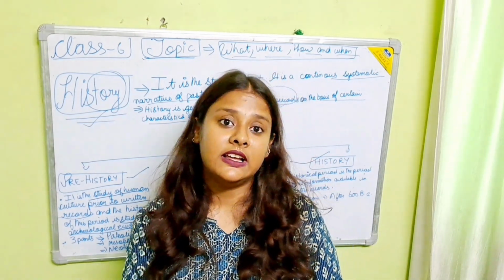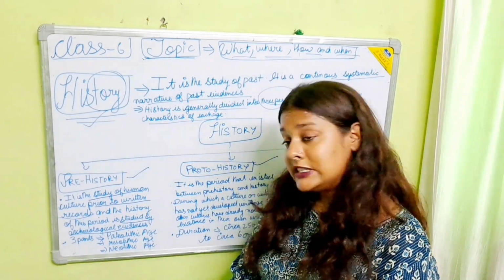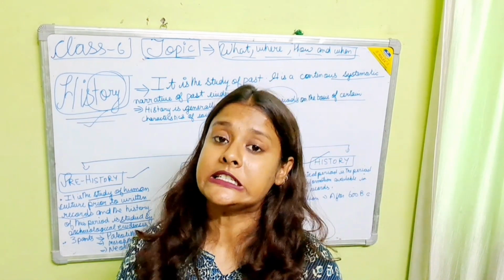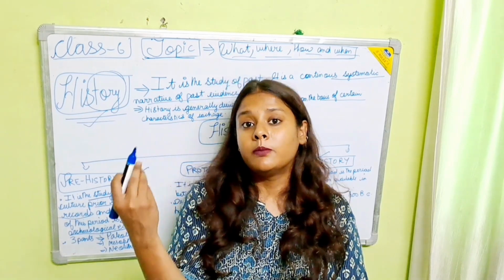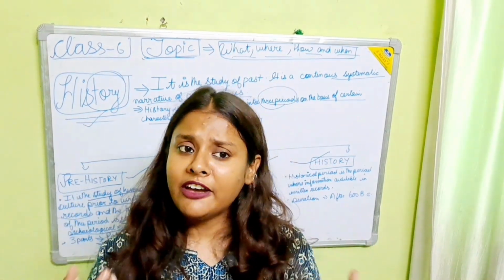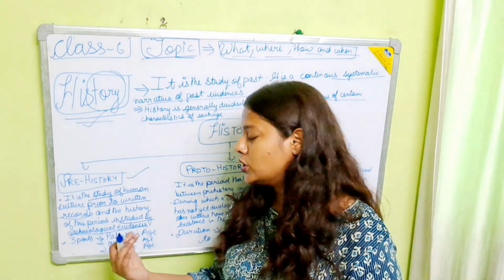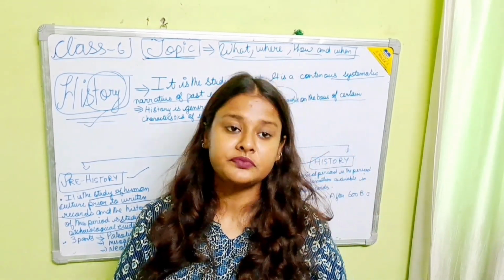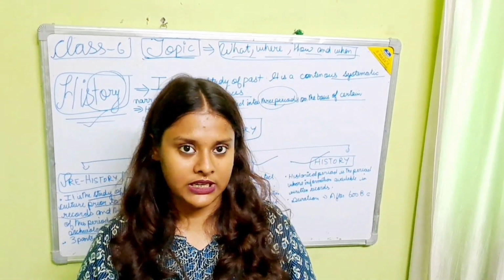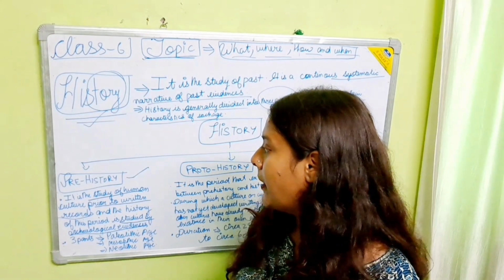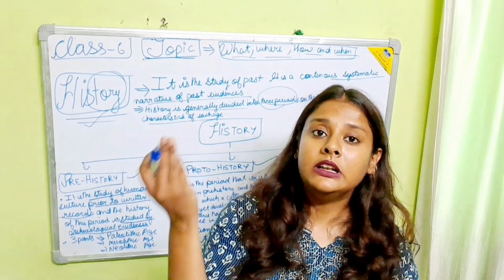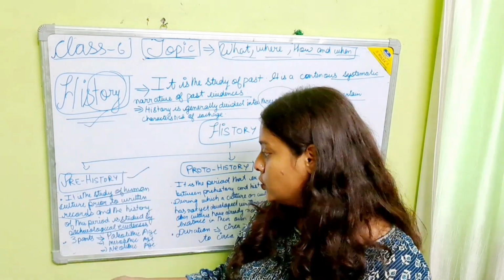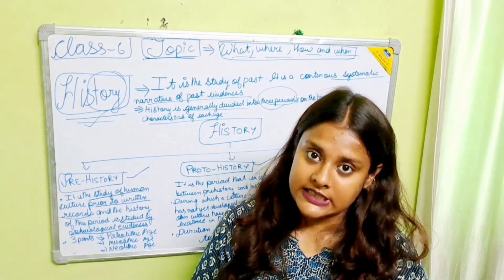These archaeological evidences consist of monuments, inscriptions, coins, artifacts, pots, everything comes under these archaeological evidences. And by using these archaeological evidences, we can study about the prehistory, how the people evolved, how the people lived, what they wore, what they ate.